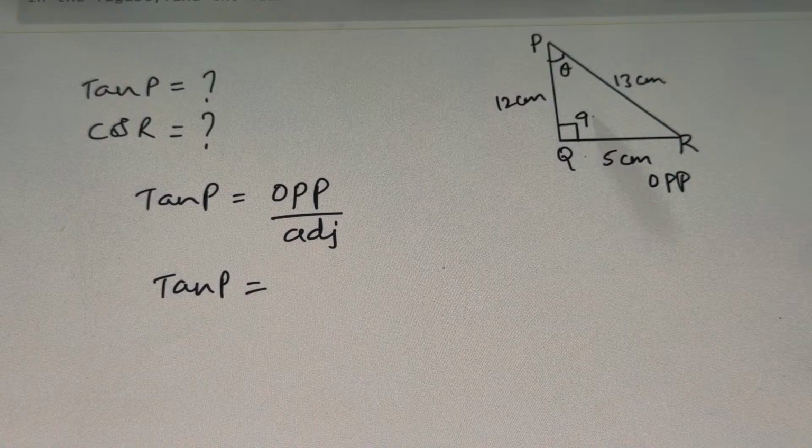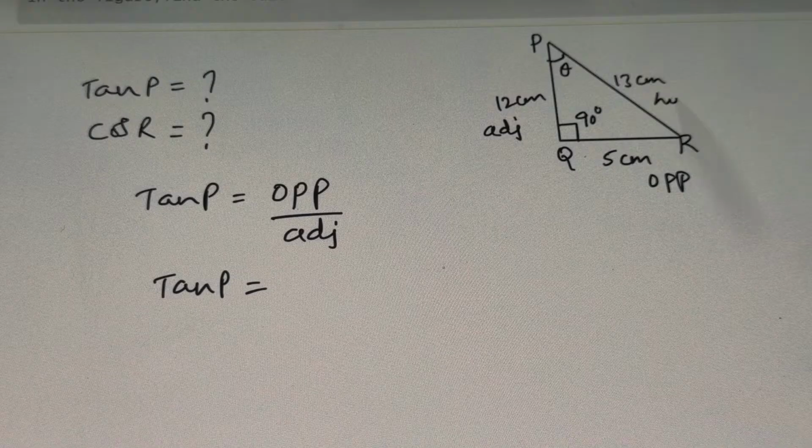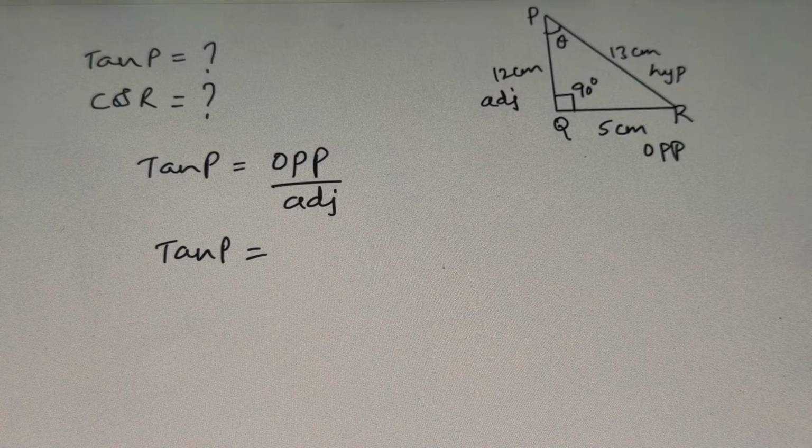It is a right angle triangle. Adjacent to 90 degree will be the adjacent side, and the other side we know is the hypotenuse. So by using that angle theta we'll find the answer. The opposite is 5 and adjacent is 12. So tan P equals 5 by 12.